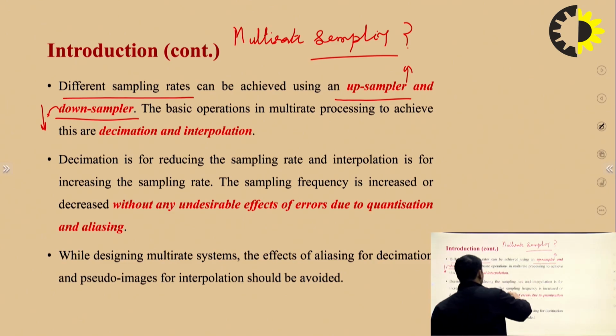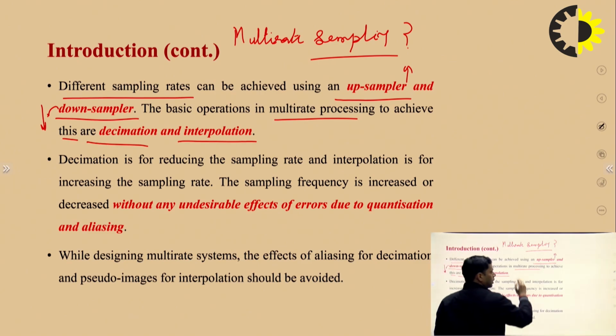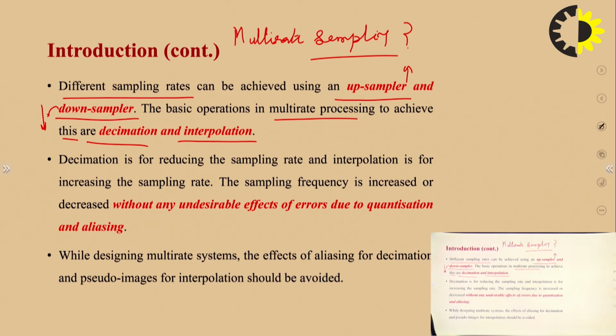The basic operations in multi-rate processing to achieve upsampling and downsampling are interpolation and decimation respectively. In decimation, the sampling rate is decreased. In interpolation, the sampling rate is increased.